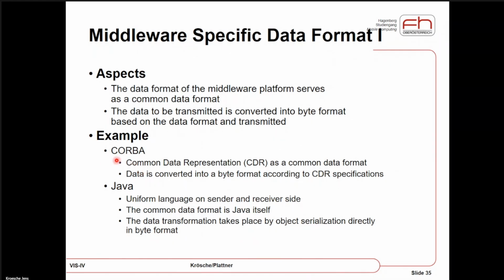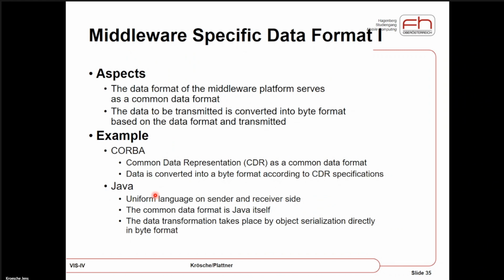So in CORBA, for instance, there was this common data representation which was used to convert what we want into a byte array and then reinterpret this byte array. Another example is, of course, the programming language Java. If we have Java on the client side and Java on the server side, we can make our life easy by just serializing an object, converting it into a byte stream, sending it over the network.